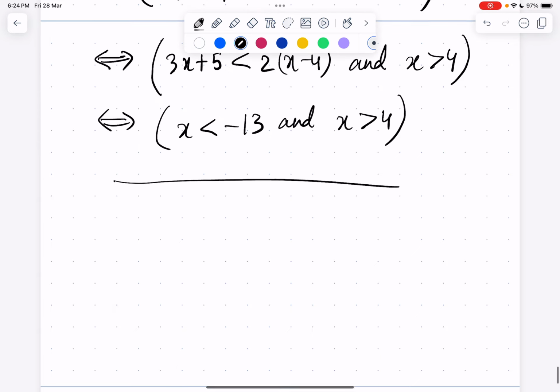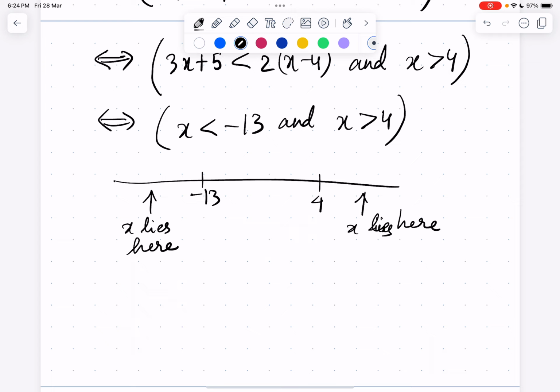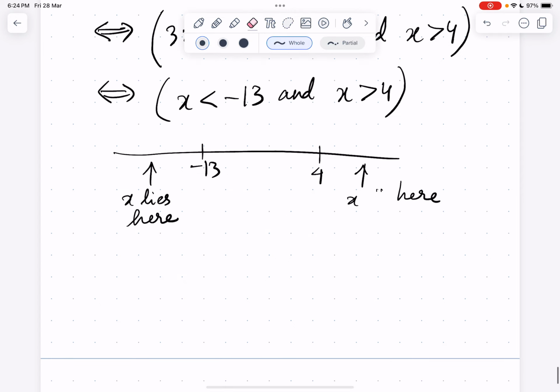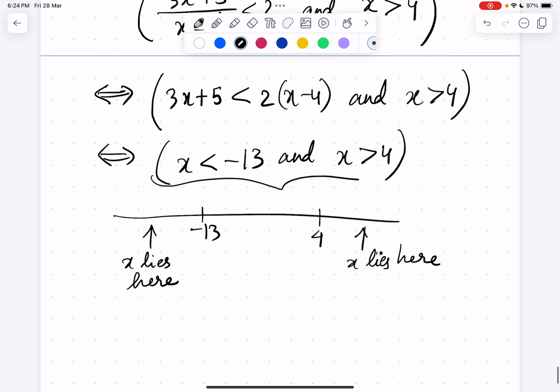So minus 13 is somewhere here, and x lies here, x lies here. So this is impossible, right? X cannot lie in both.